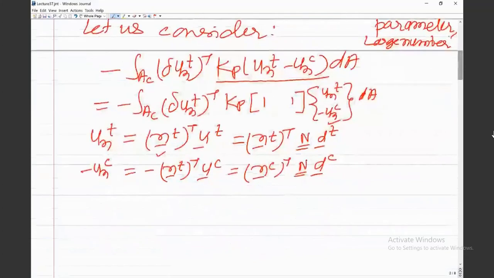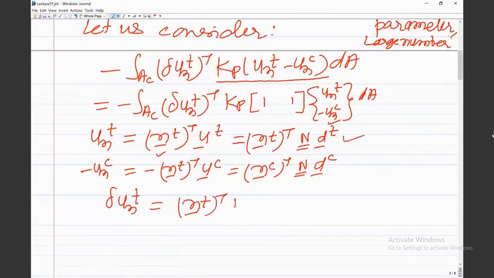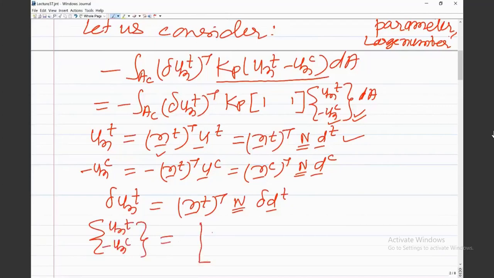And we have delta UNT over here for the target body. You can see that delta UNT can be written as NT transpose from this equation into N into delta of dt. Now we have this term, which we can write as UNT minus UNC. We will have to combine the elemental degrees of freedom for the target as well as the contactor bodies.